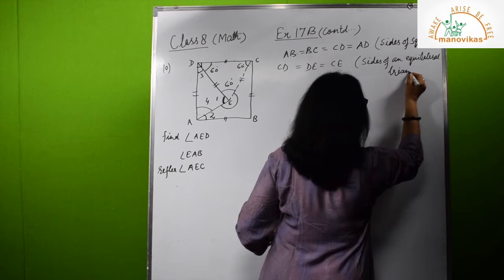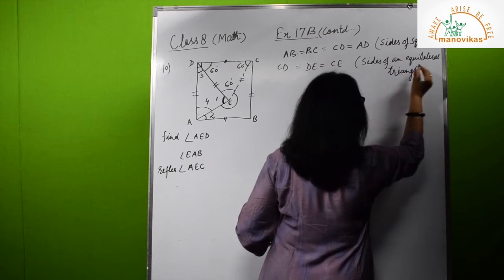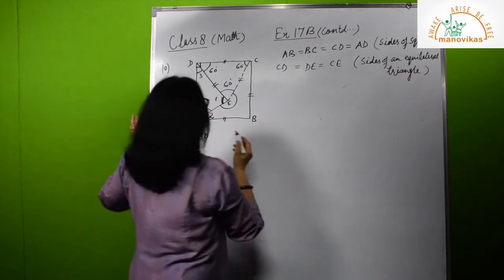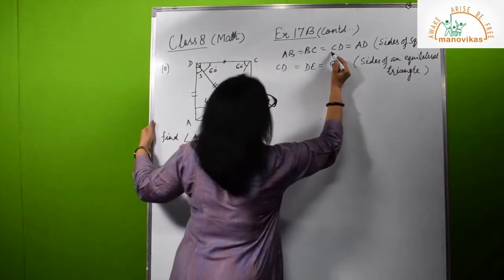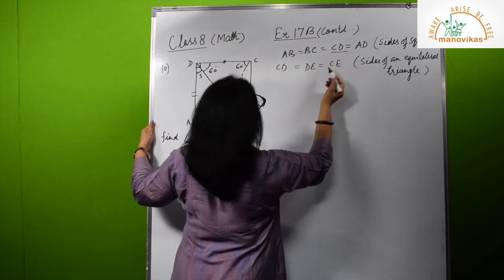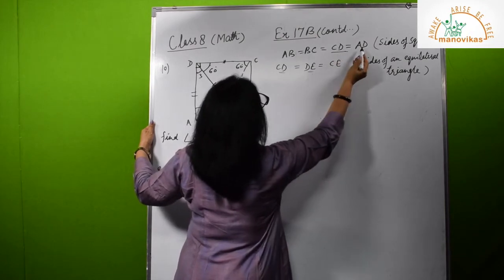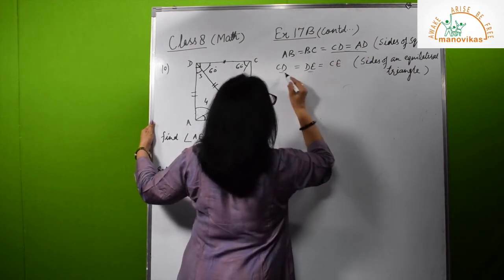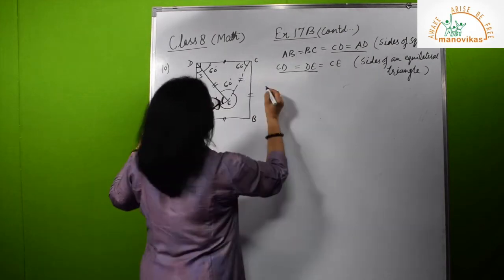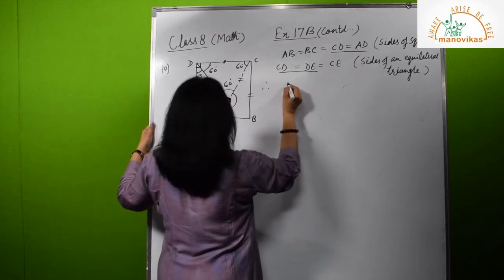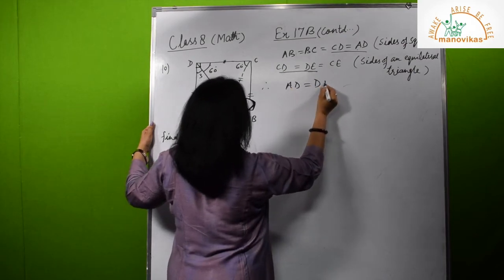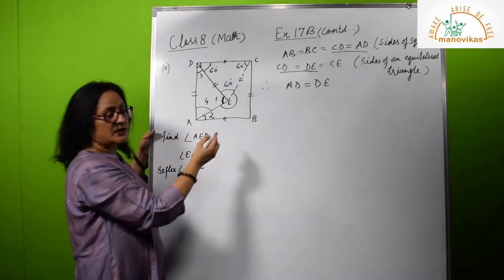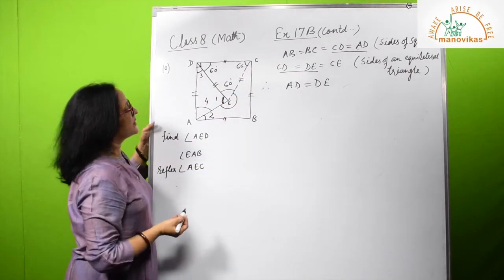So what is the use of these two results? We can make CD equal to AD, because CD is equal to DE here and CD is equal to AD also. So we are using these two relations. Therefore, AD is equal to DE. Okay, so here we have used the given information.